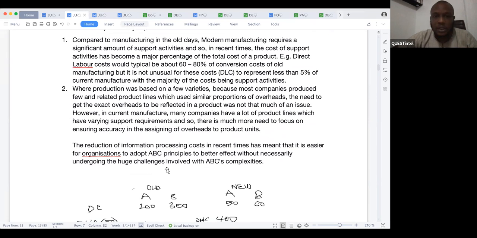Now, the reduction in information processing costs in recent times has meant that it is easier for organizations to adopt ABC principles to better effect without necessarily undergoing the huge challenges involved with ABC complexities.